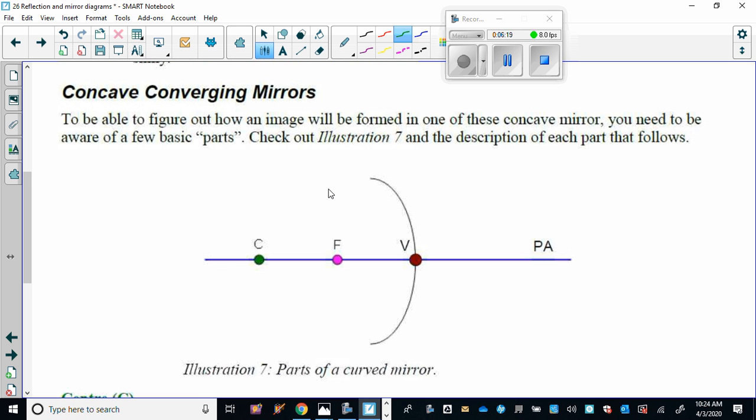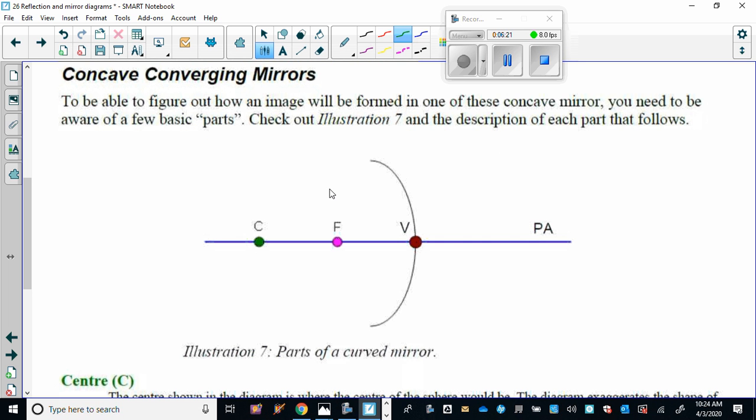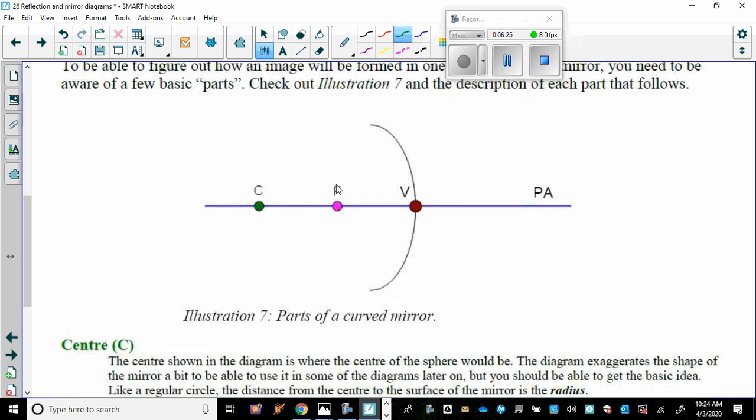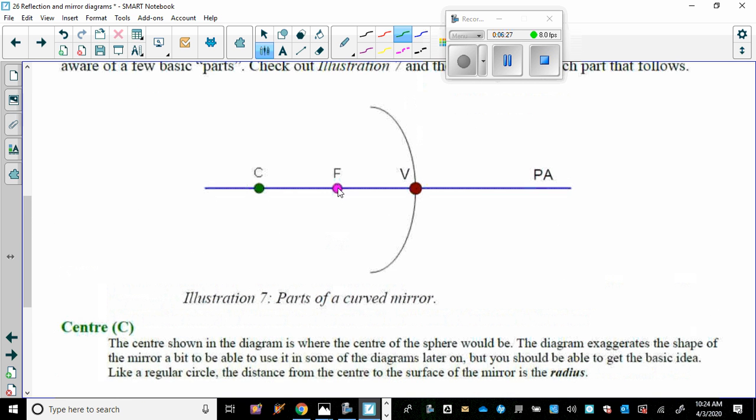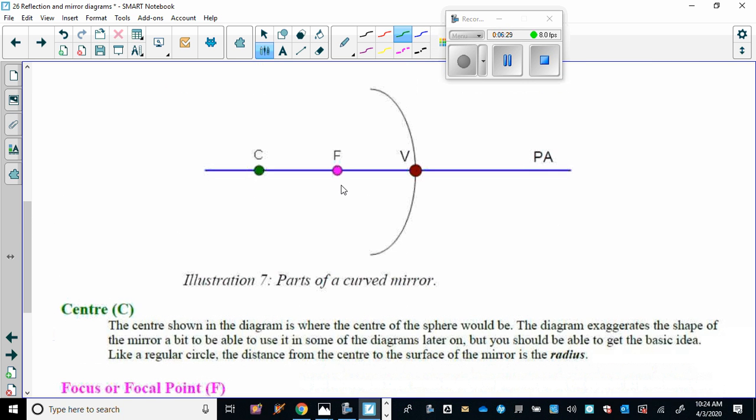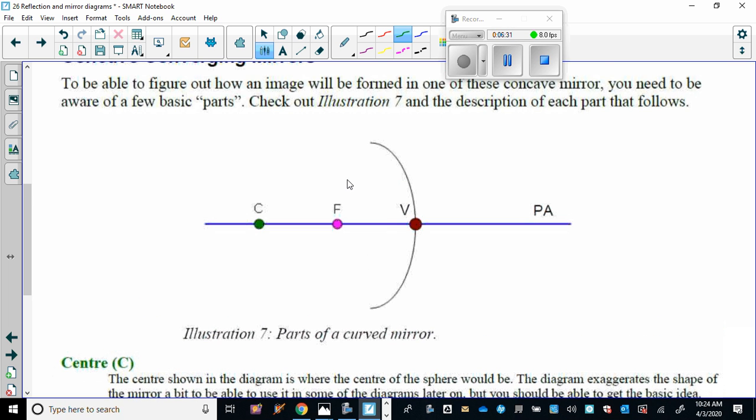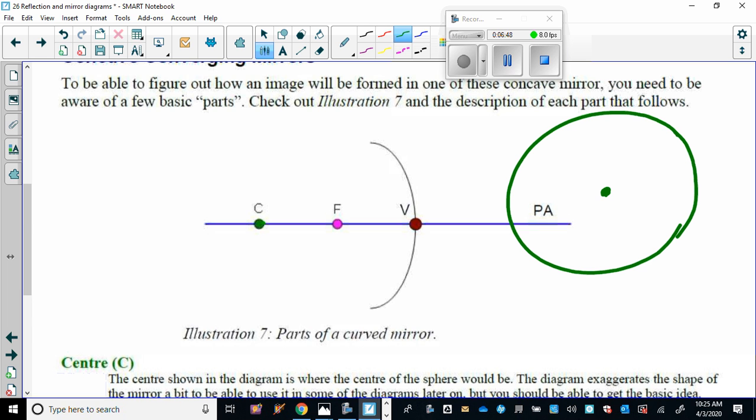And the next part is concave converging mirrors. The terminology that you need to know for that is right here. So here's a concave mirror, and you need to know what all these things are. C is the center. And remember, any part of a concave mirror is just a bigger part of a circle. That's a lousy circle. And C just means the center of the circle.